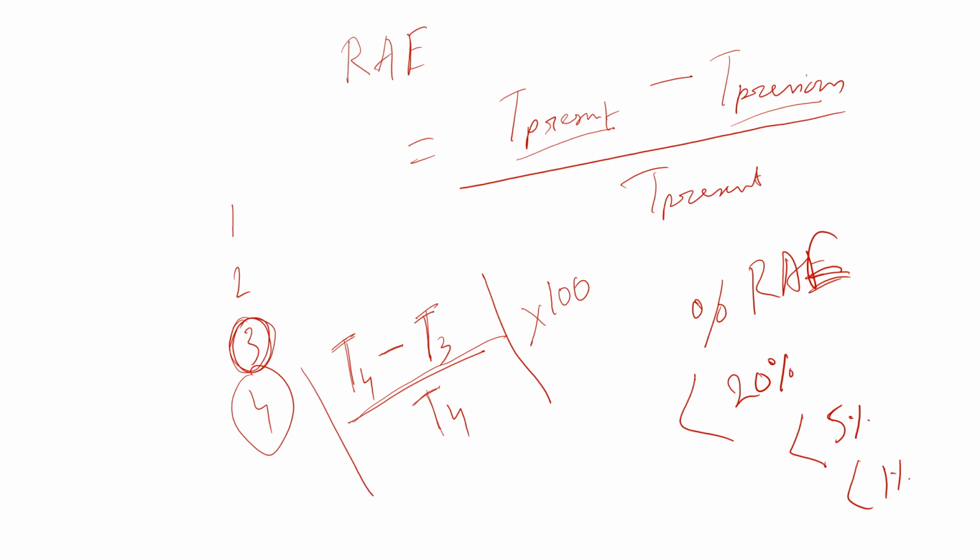The more you go for accuracy, the more iterations will be required, more computational energy will be lost, and also it will cost more because you have to run the iterations in a computational framework. But yes, you can expect a higher accuracy. And if you want to save money, if you want to save cost, if you want to save your computational power, then you stick with this 20%.